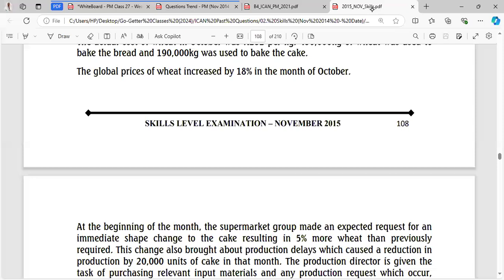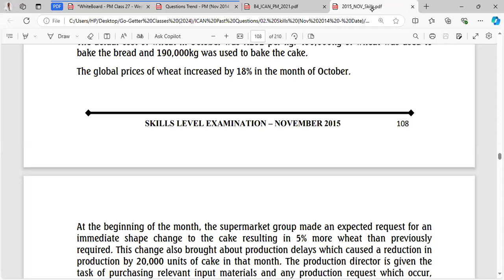At the beginning of the month, the supermarket group made an unexpected request for an immediate shape change to the cake, resulting in 5% more wheat than previously required.